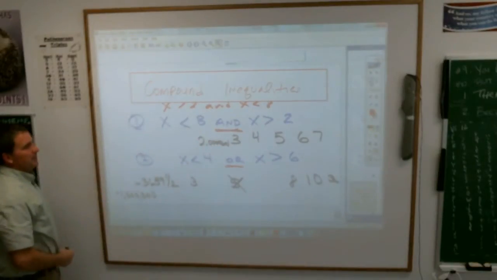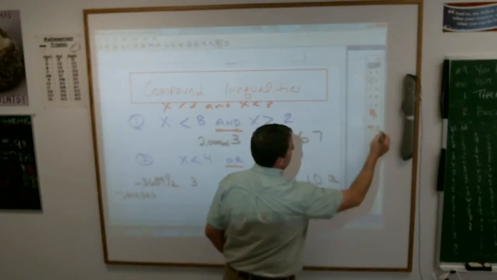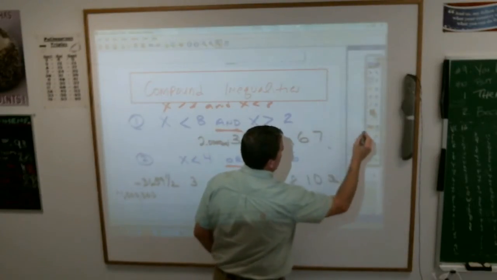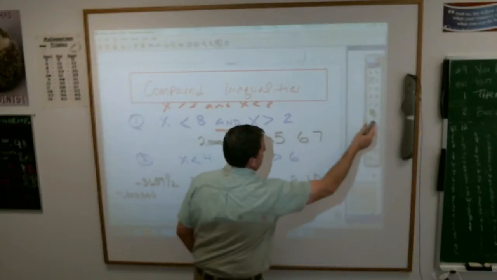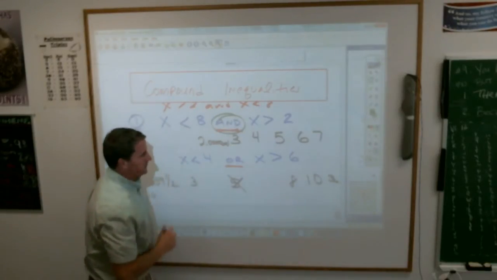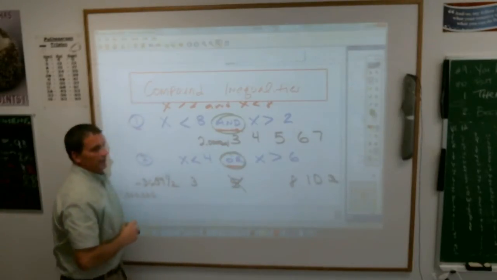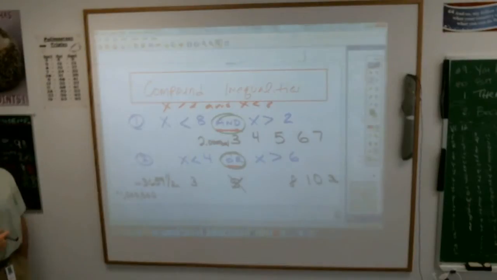When you have compound inequalities, you have two choices, boys and girls. It's either an and compound inequality or an or inequality, and they are slightly different.